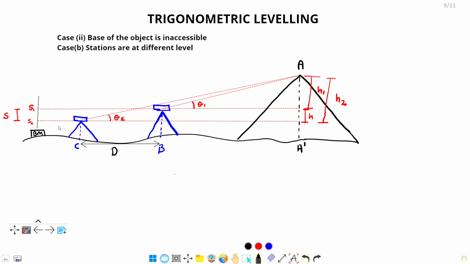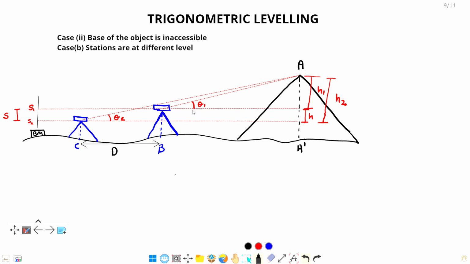You can see at the benchmark, the readings are different for both the positions. Here S2, here S1, means the height of instrument for this position is different and the height of instrument for this position is different.